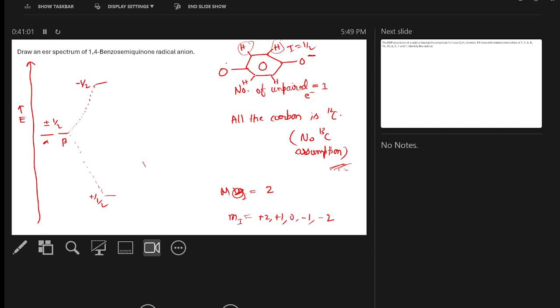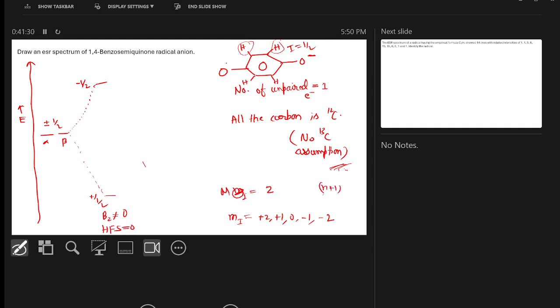Now when the hyperfine interaction happens, here Bz is not equal to 0, but hyperfine interaction is 0. When the hyperfine interaction happens, this level will split into 5 energy levels.